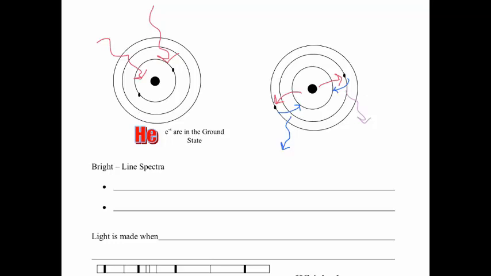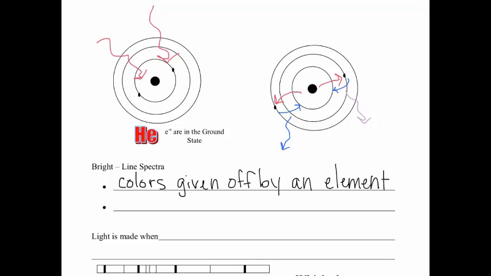So a bright line spectrum is colors given off by an element. And they are very specific. We can actually identify an element based on its bright line spectrum. It's kind of like the fingerprint of elements.